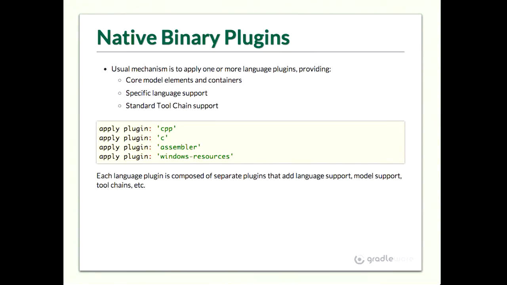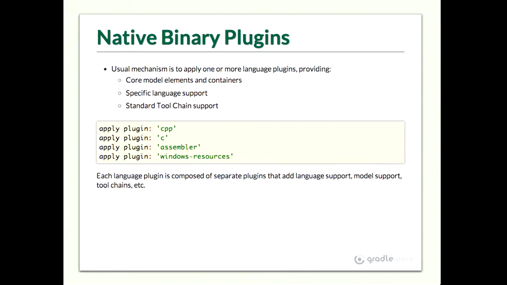In this case, I think it's pretty clear what this is doing. We're adding support for four different languages. We consider Windows resources a language, it kind of is. So we're adding support for C++, C, assembler, and Windows resources. Each of these automatically includes the core model support, as well as the standard toolchain support.